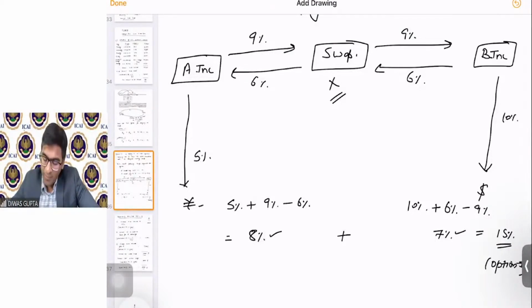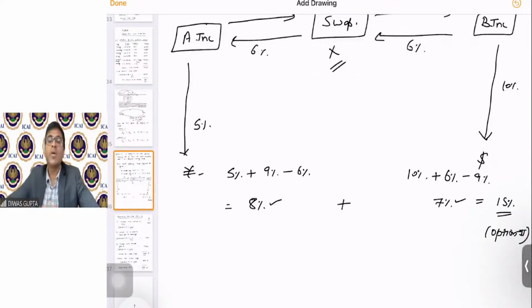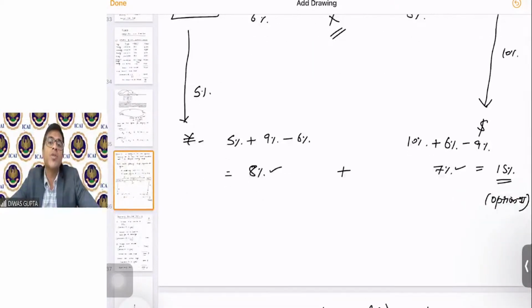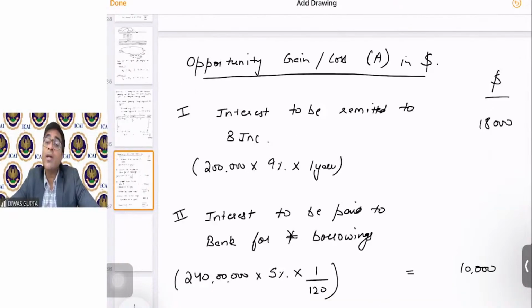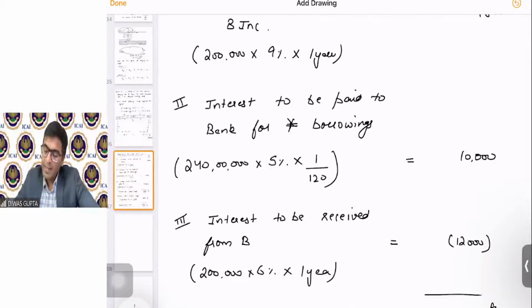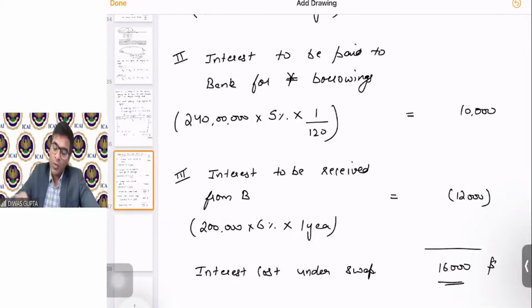Okay. One more thing, there is a twist in the question which says that you have to calculate the opportunity gain or loss. How do you calculate opportunity gain or loss? You find your effective cost if you enter into this swap, and compare that with the cost had you not entered into that swap. That is the comparison we have done. So 16,000 is the net interest cost under swap.